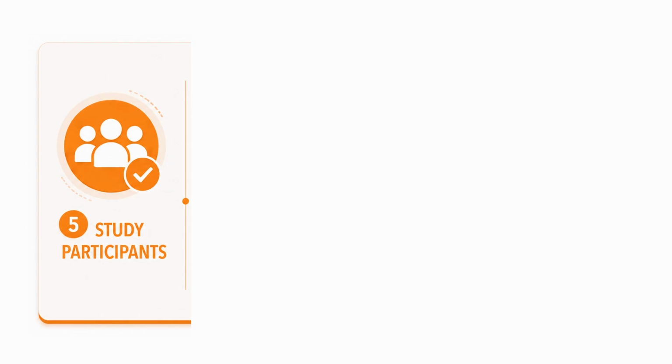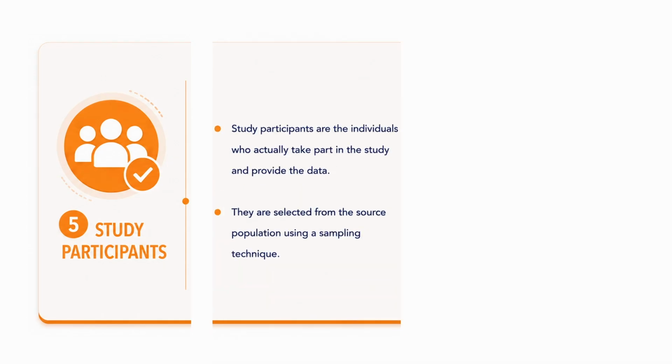Study participants or samples. Study participants are individuals who actually take part in the study and provide the data. Data will be collected from study participants or samples. They are selected from this source population using a sampling technique. If you are using the simple random sampling technique, you will get the list of all the students from the university.